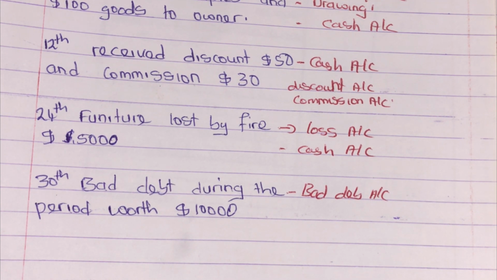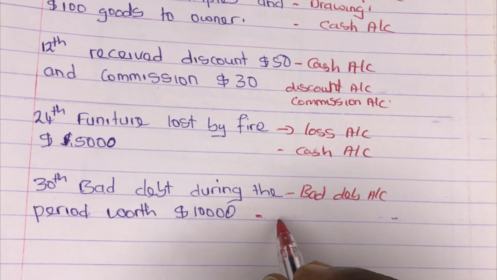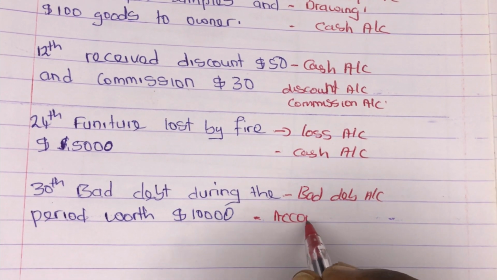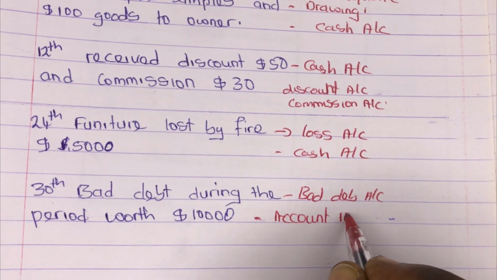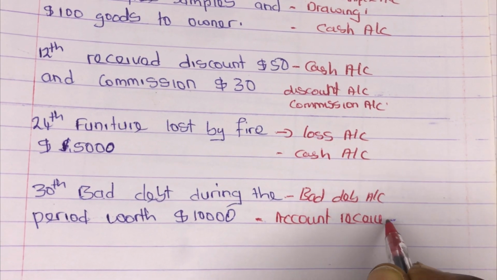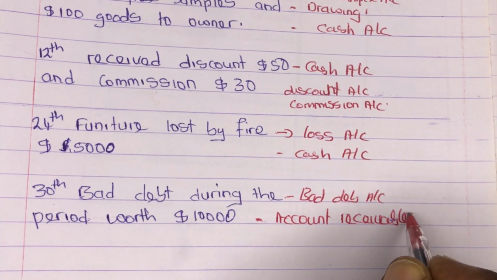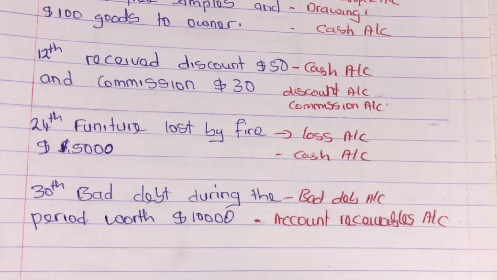At first, the amount was debited in the account receivable ledger. So now we need to credit it. So now we credit the account receivable. Those are debtors, receivable account.